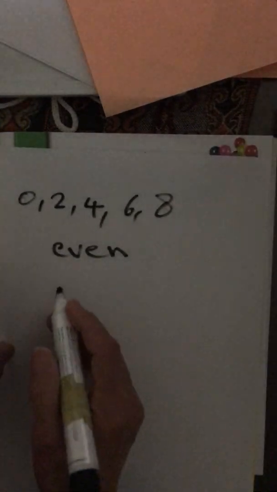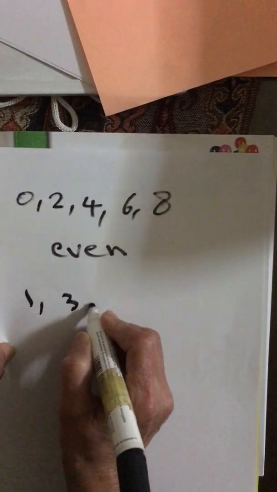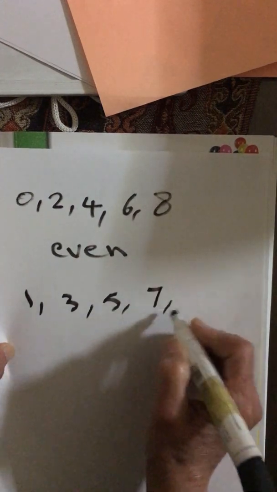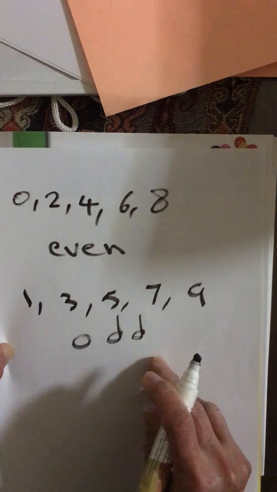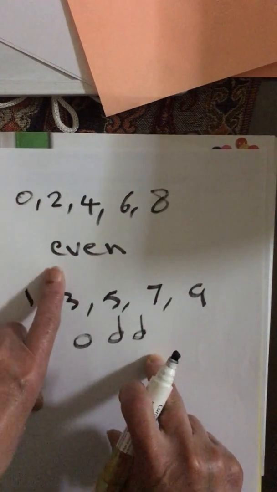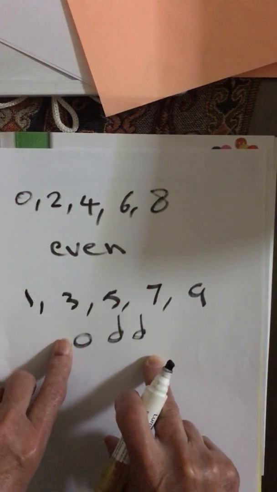If you have 1, 3, 5, 7, 9, your number is odd. Even means زوجي and odd means فردي.